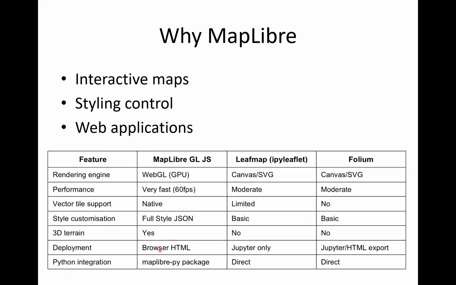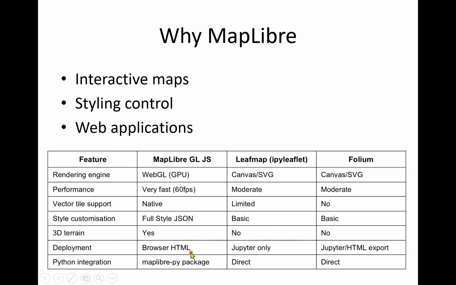Then it works directly in a browser and can build real web apps, whereas the others work only in the Jupyter notebook, right? And this can also be exported, mostly for the Jupyter notebook or as an HTML export, right?